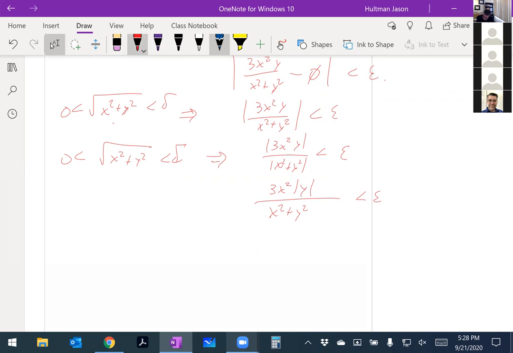We're going to say that this thing here, 3 absolute value y times x squared over x squared plus y squared, is always going to be less than or equal to 3 absolute value y.